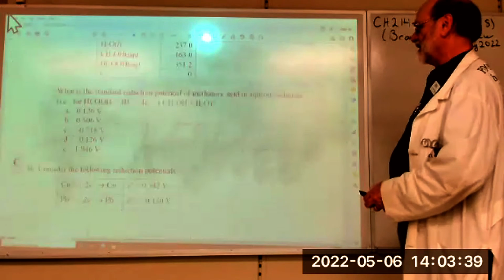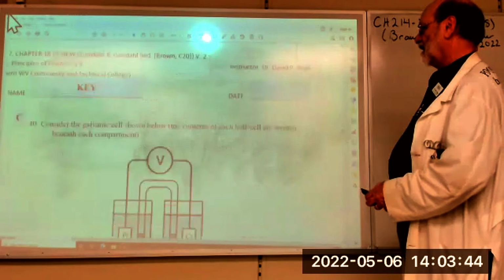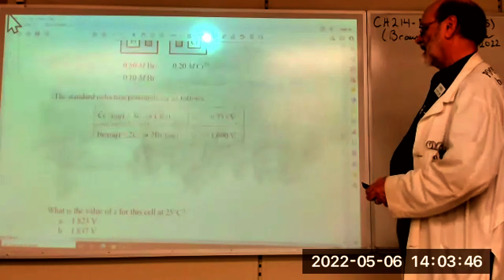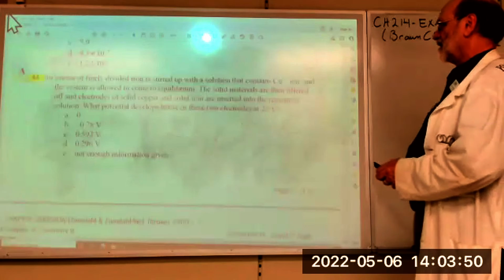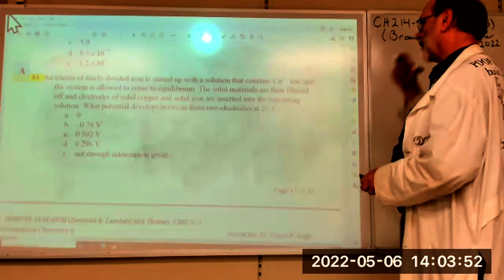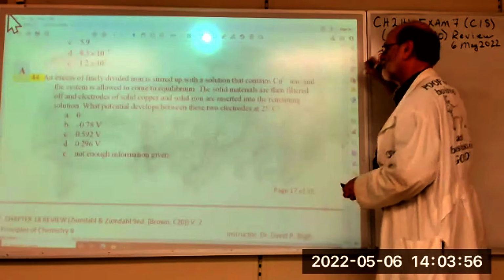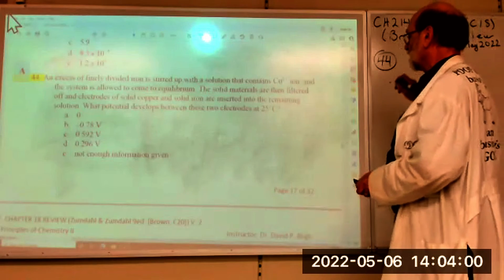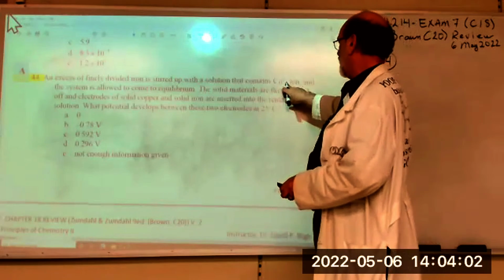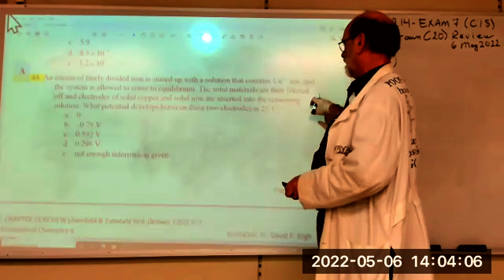Okay, let's see. Okay, here we go. 44. An excess of finely divided iron is stirred up in a solution that contains copper 2 plus ion, and the system is allowed to come to equilibrium.